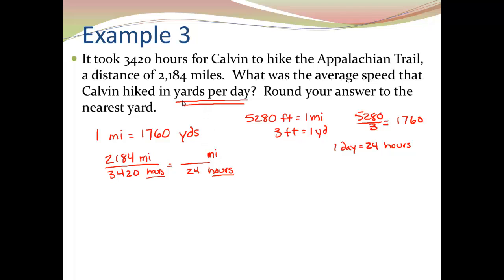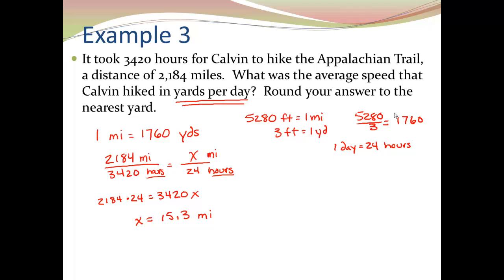So remember what they're asking for. Okay, we're not going to be done when we find out what x is. So when you do this, again, do your cross products. 2184 times 24 equals 3,420x. Okay, so if you do all that, you'll find that x equals 15.3. Okay, so we've got our miles per day, but we need to know how many yards per day.